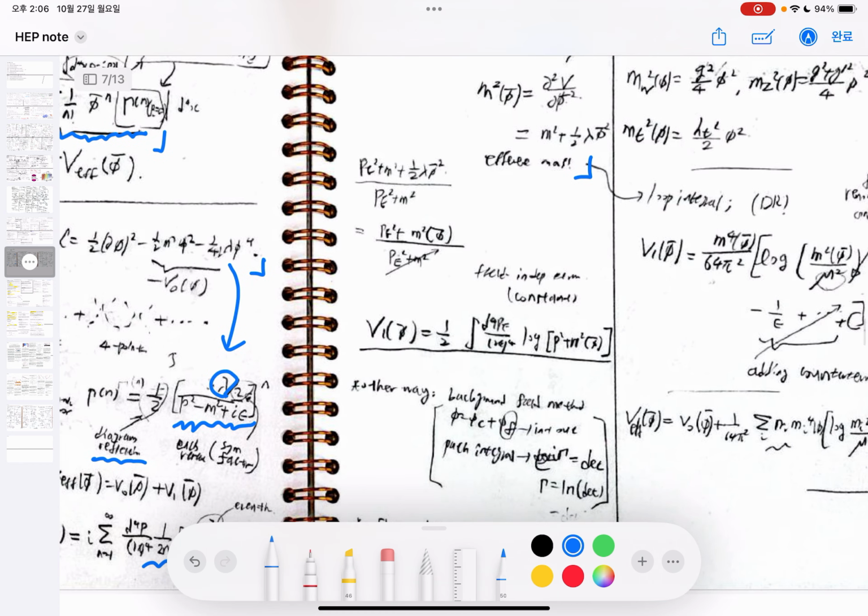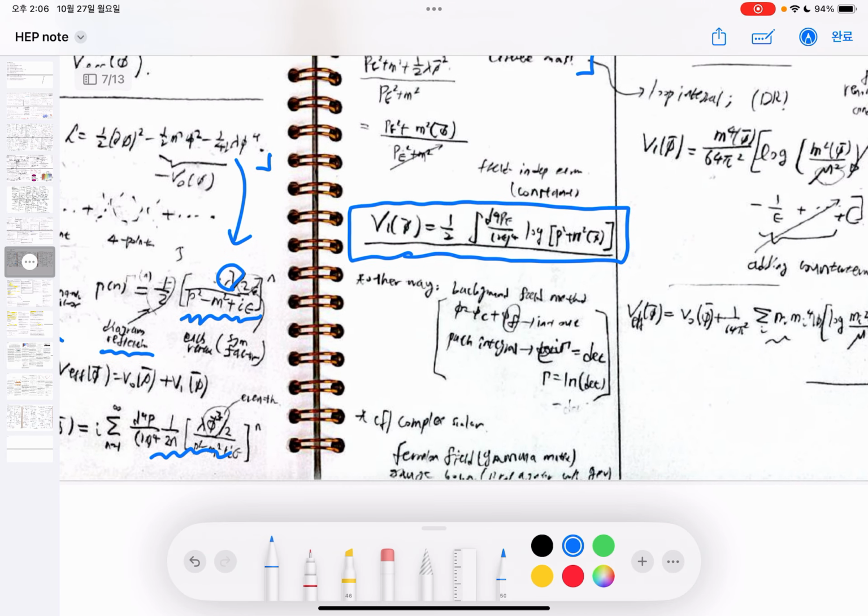So here is our final result for zero temperature.